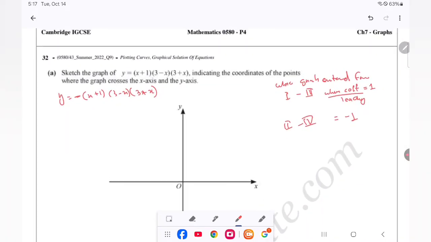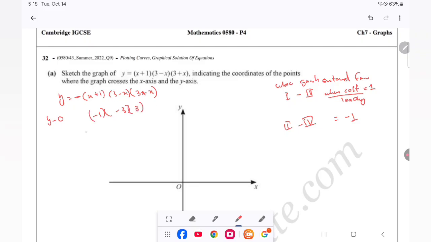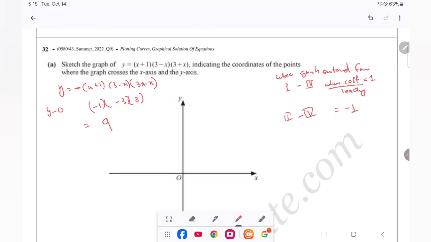For the x-intercept, we will put y equals 0, and for the y-intercept, we put x equals 0. It will give you 9 for the y-intercept.